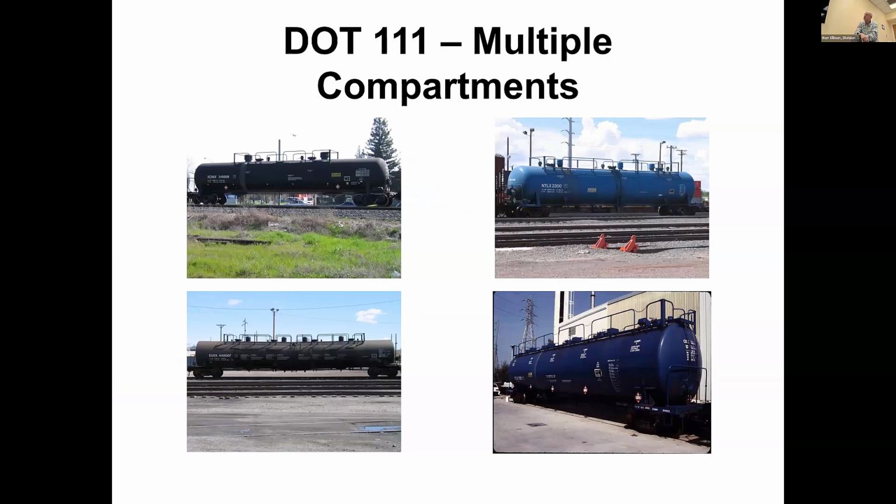So again, we showed you these this morning, from 2, 3, 4, 5 compartment type tank cars. And again, what happens is the industry says they need to ship so much product. I need a tank car that can move this much. So if it's 1,000 gallons, I can put it in one car, or I could put 200 in each of the 5 compartments and still move the 1,000.